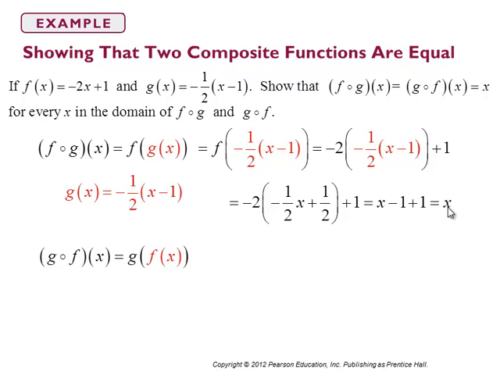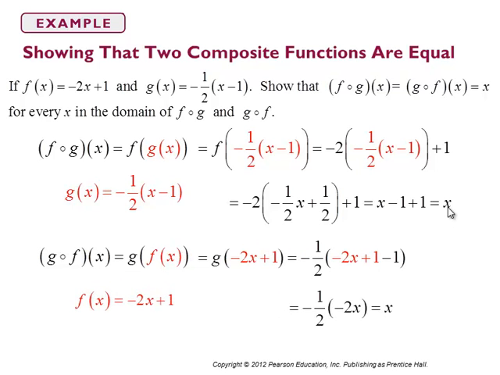Let's take g composed with f. Replace x by f of x within the g function. And that works out to also be x. So interestingly enough, f of g of x is equal to x, and g of f of x is equal to x as well.